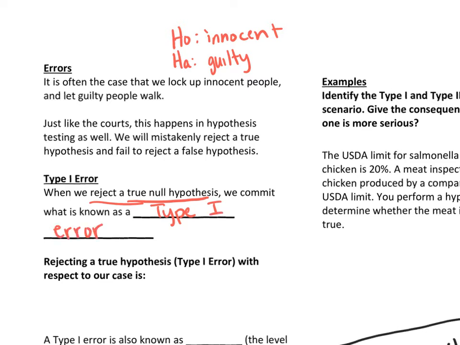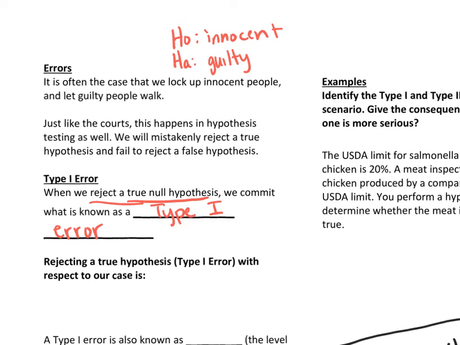And with respect to the court case, here's what that means. This null right here is true. That means that the person is really innocent. All right? And what ends up happening is we reject their innocence. If I reject your innocence and you are really innocent, then what have I done? Well, if I reject your innocence, I'm saying you're guilty.